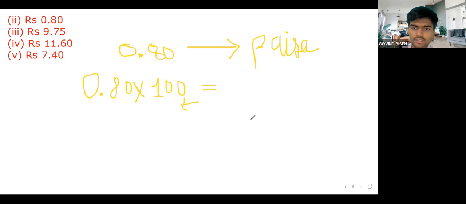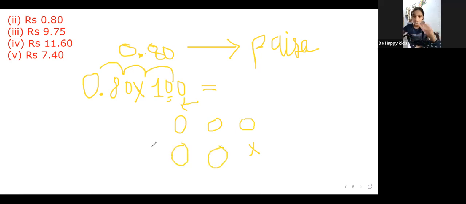Okay, so just a minute. You wrote 0, 0, and 0 like this. Put a cross here. Again we have a 0. So again multiply 0 with 0 and then with 8 and then with 0, isn't it? So it comes 0, 0, 0. Is it correct?